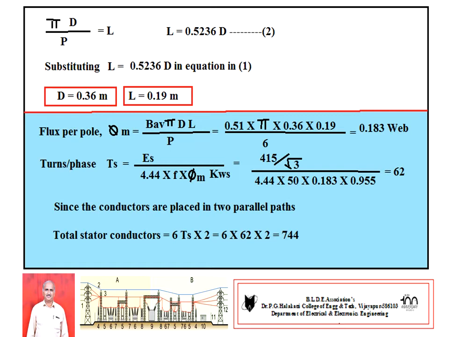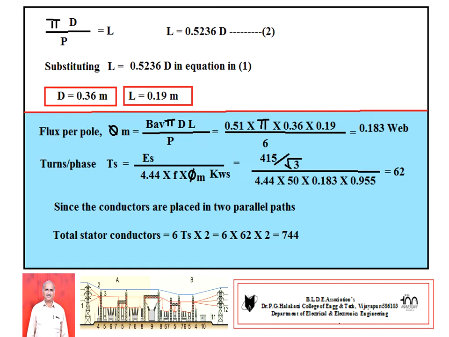Then substitute L equals 0.5236 d in equation 1. Finally we get the diameter of stator bore as 0.36 meter and the length of stator core L as 0.19 meters. This is 50% of the problem over.